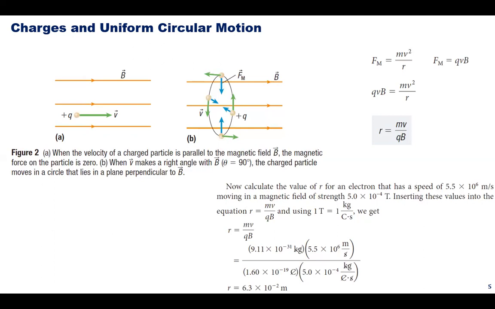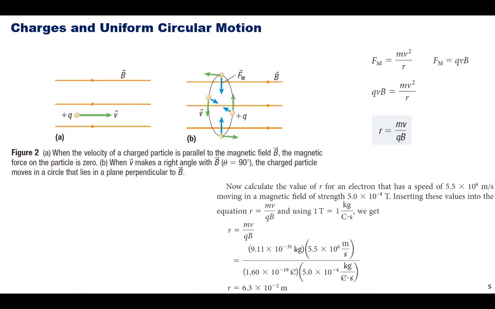So as shown here in figure 2a, there's a charged particle, positive Q, moving at velocity V, parallel to the direction of B. In this case, the angle theta between V and B is 0. The factor sine theta in this formula, Fm equals QVB sine theta, is also 0, right?